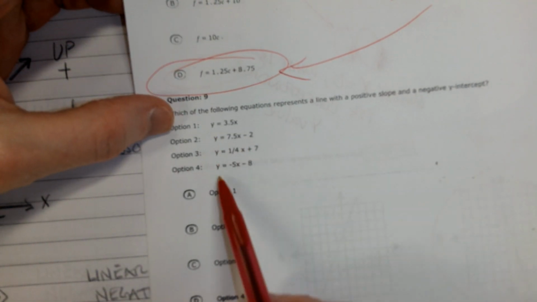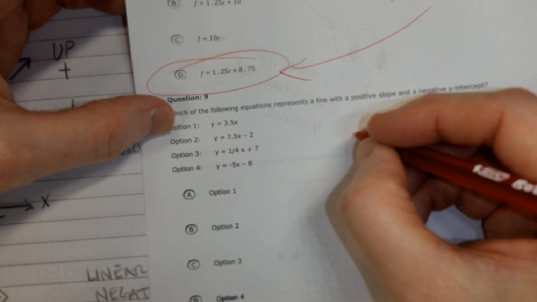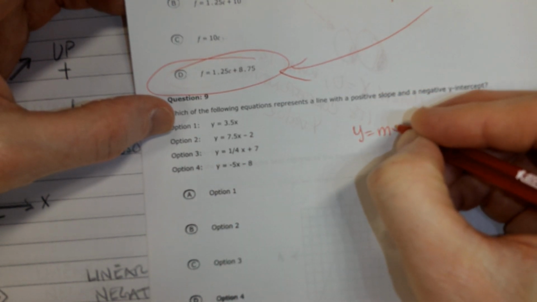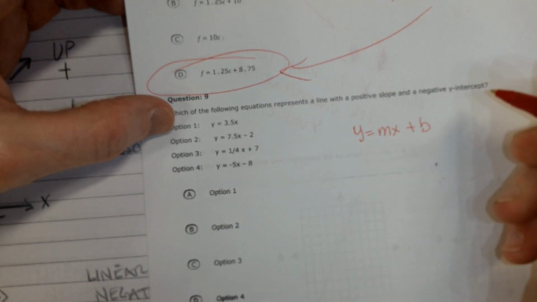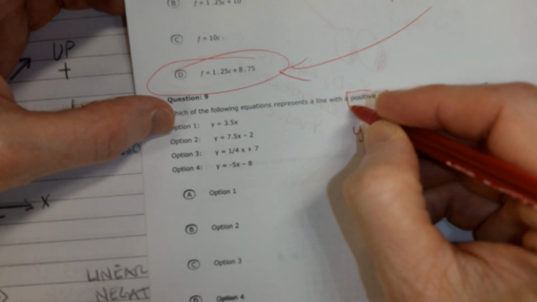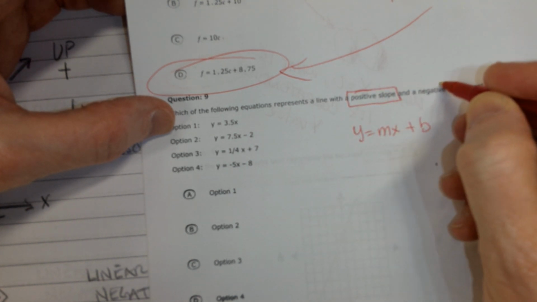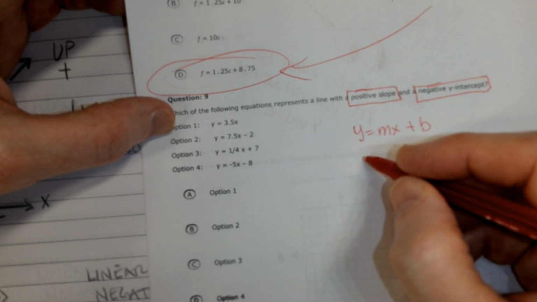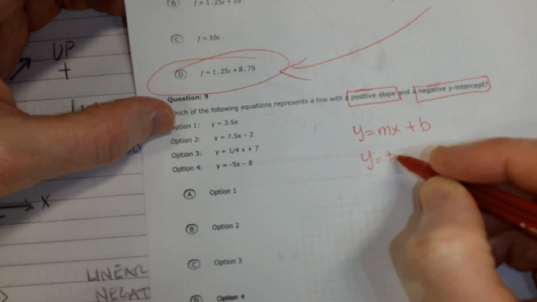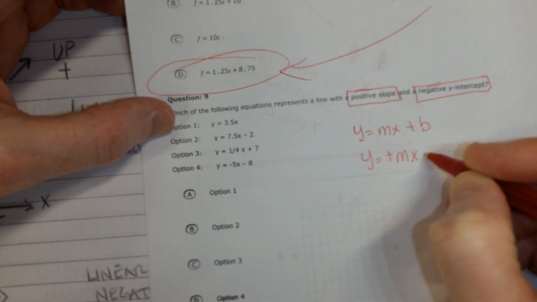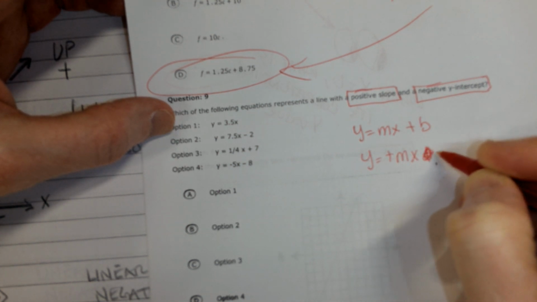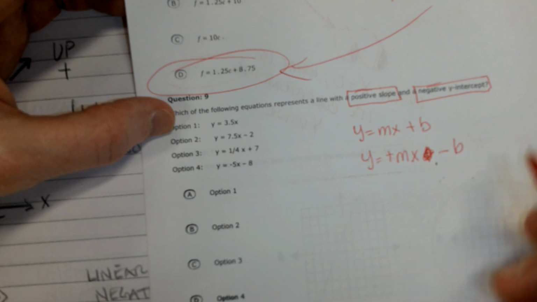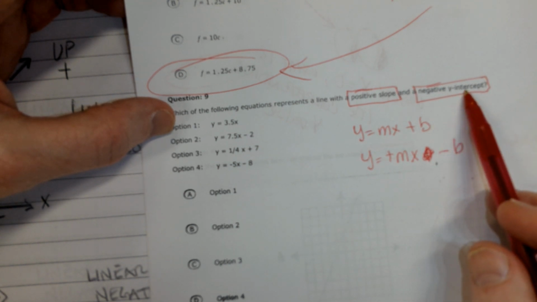Question number 9. Look at these options right here. We already know this is about y equals mx plus b. And it is telling you which one has a positive slope and a negative y-intercept. Hence, it should look like this: y equals positive mx minus b, because it's a negative y-intercept.